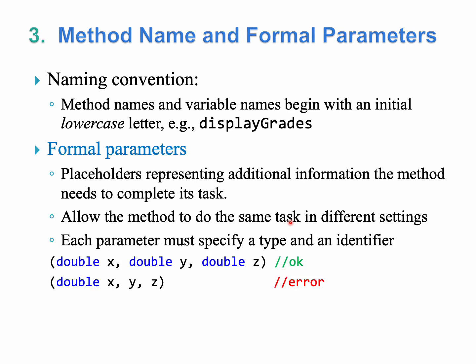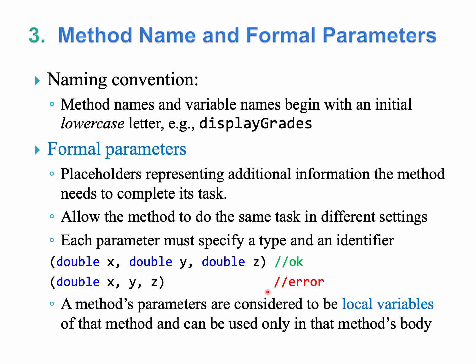Each parameter must specify a type and an identifier, which is the parameter name. Note that declaring method parameters of the same type as in double x, y, z instead of double x, double y, double z is a syntax error. A type is required for each parameter in the parameter list.